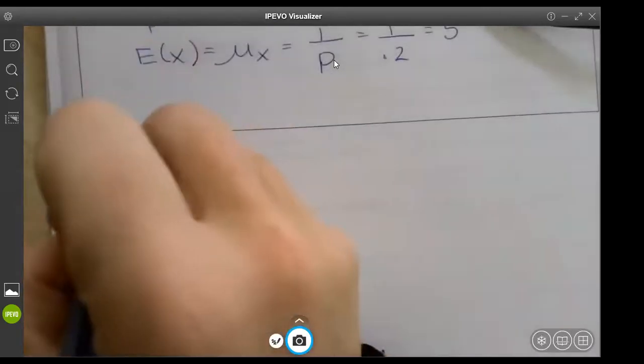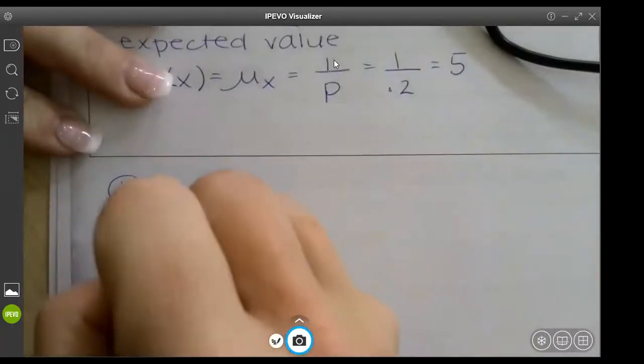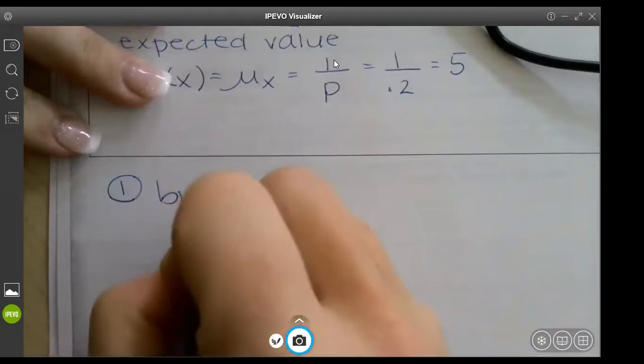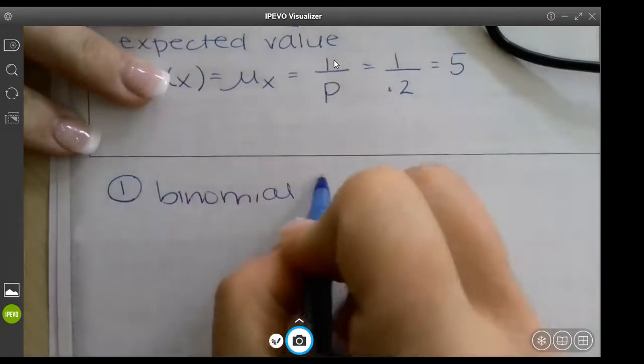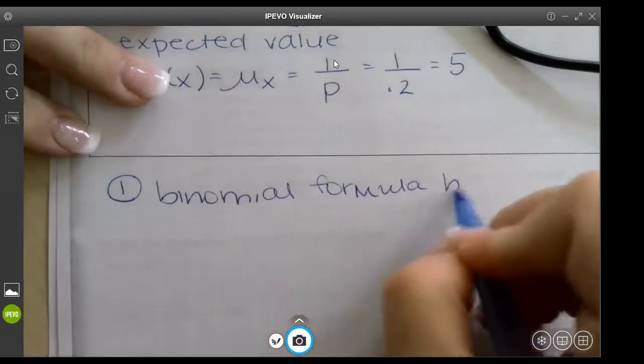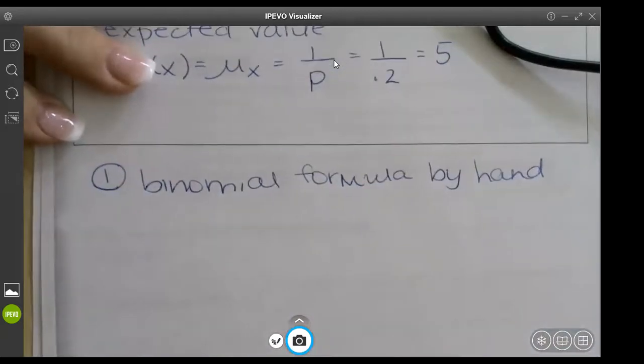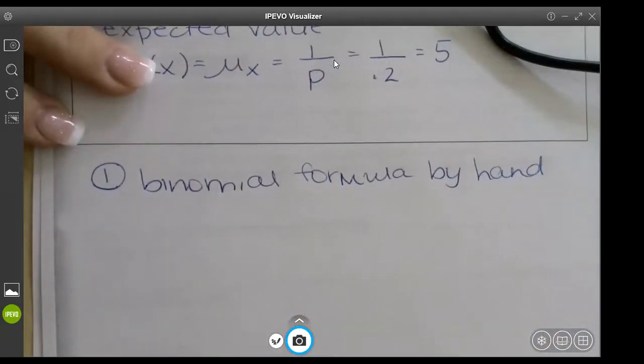All right? So the first thing that you need to know is the binomial formula by hand, and I've already told you that. And again, that's more for the multiple choice than it is to actually do the work. When you get to your free response, you can do it however you want to. But I know that there's a multiple choice that says, how do you set it up? Okay.